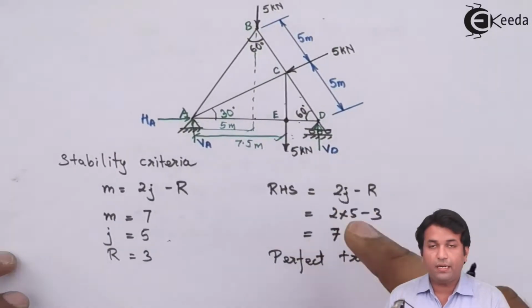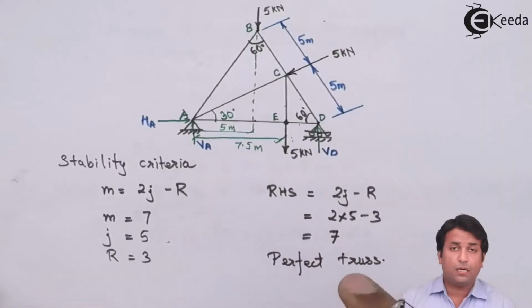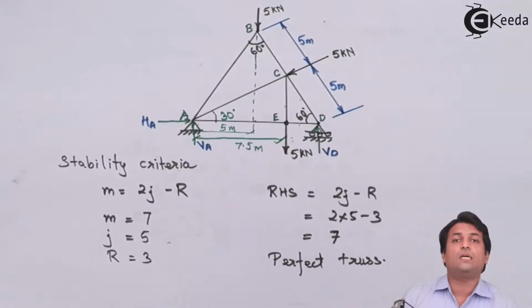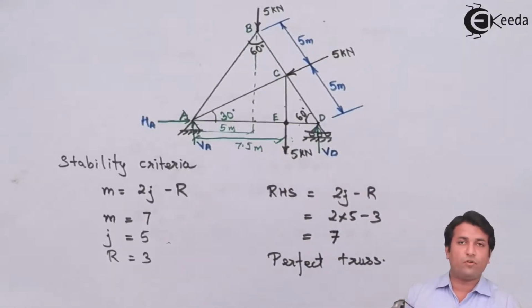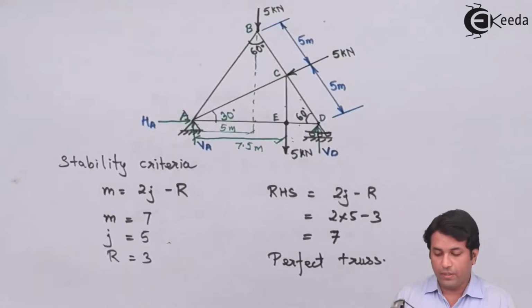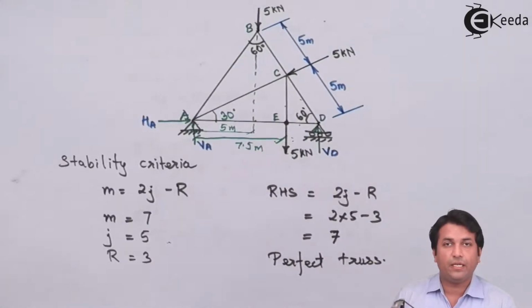Now, the vertical reaction at D is acting upwards, so that is going to create an anti-clockwise moment. So that would be a positive direction for me. So I'm taking it as Vd into 10.